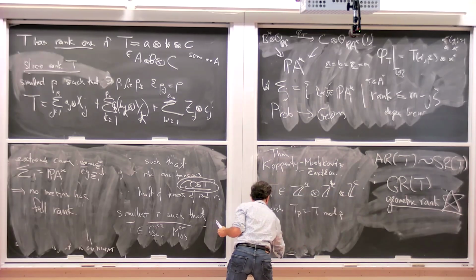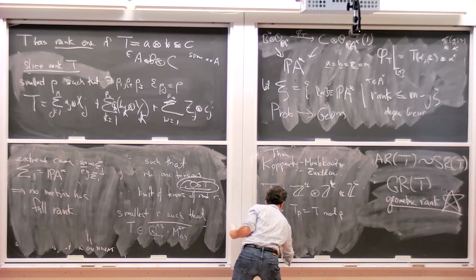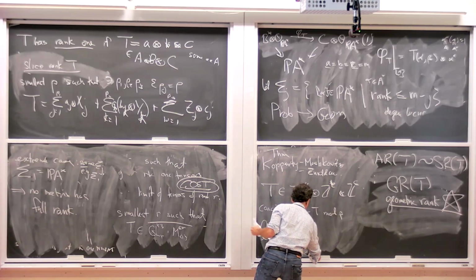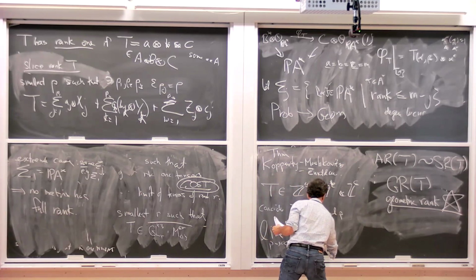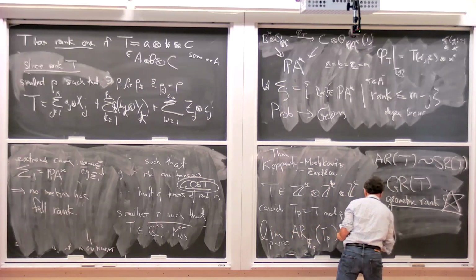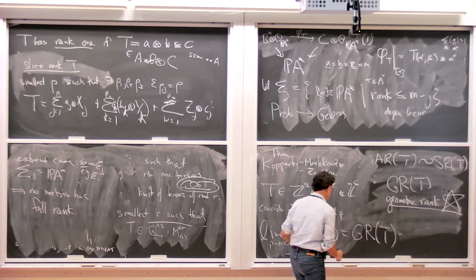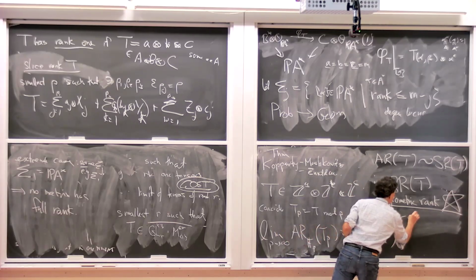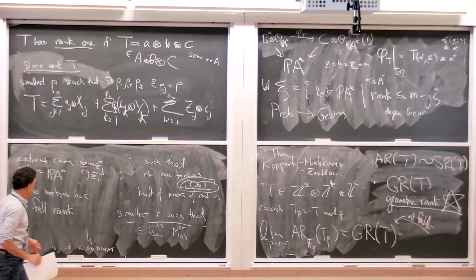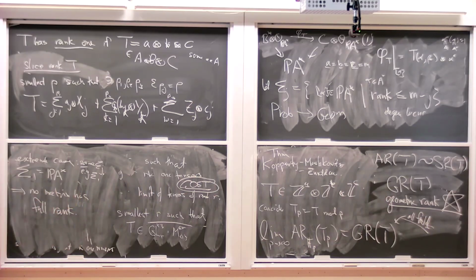Then the limit as p goes to infinity of the analytic rank over F_p of T_p is exactly the geometric rank of T. And this thing is, by the way, defined over all fields, particularly algebraically closed fields, like some of us would like to be working in.